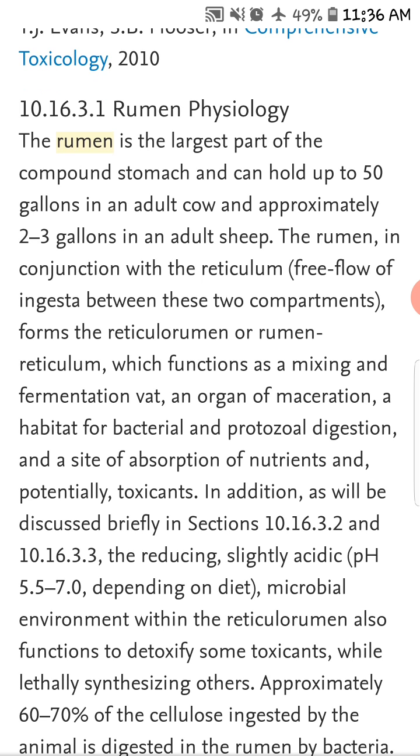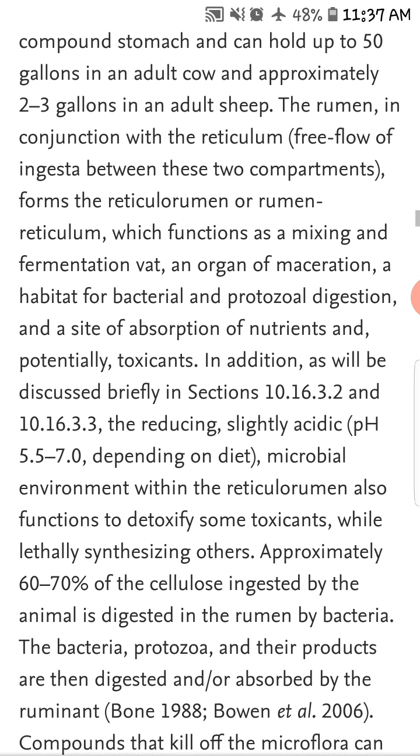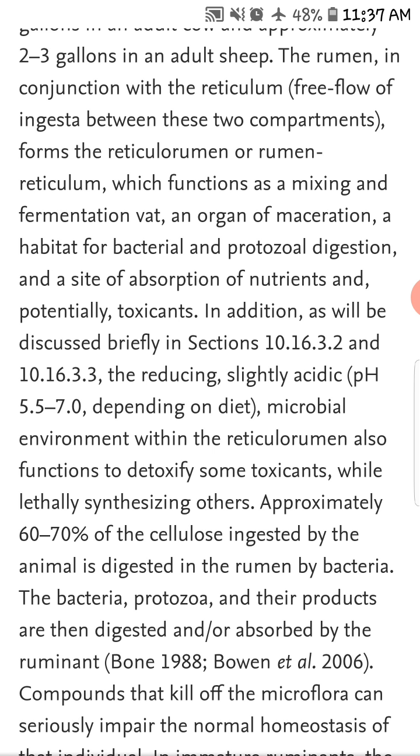In addition, the reducing, slightly acidic pH of 5.5 to 7 depending on diet, and the microbial environment within the reticulorumen also function to detoxify some toxicants while lethally synthesizing others.